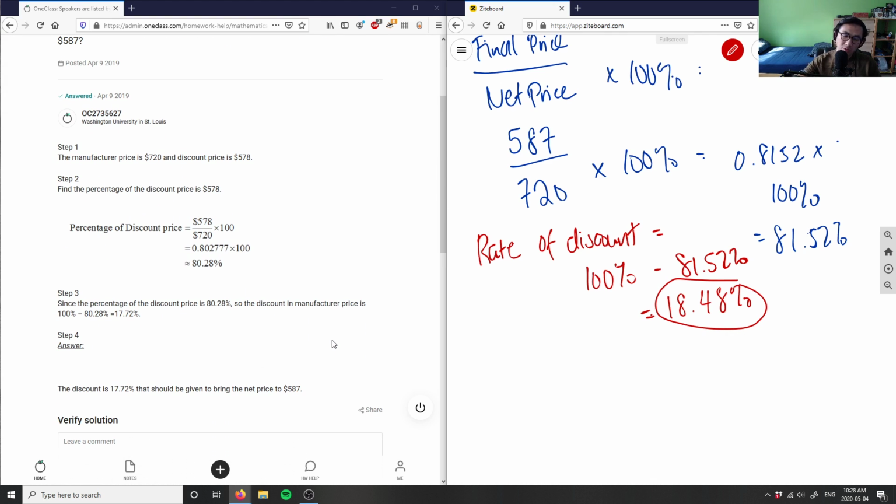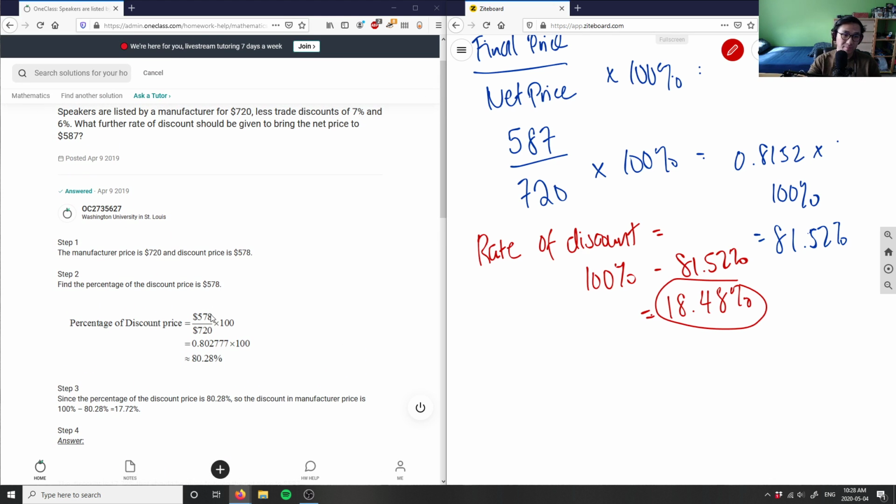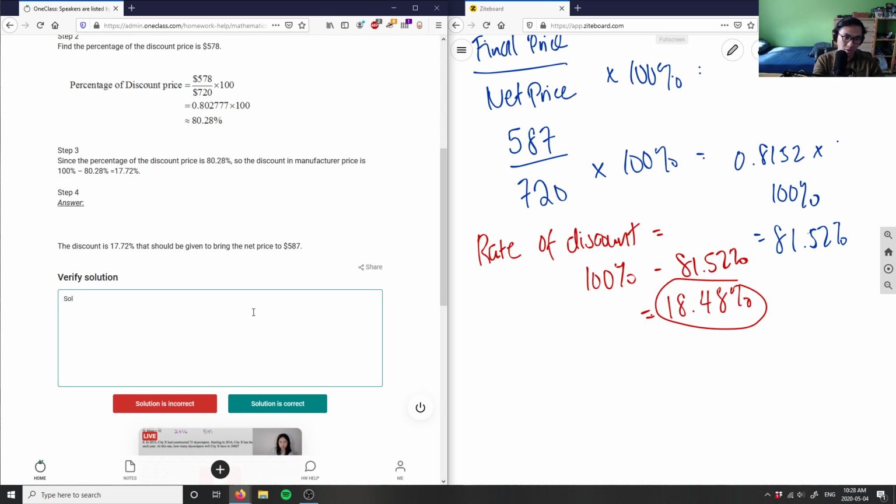As you can see here, they wrote 17.72%, and this is actually the incorrect answer, because they flipped these two numbers. The net price was 587, but they put 578 into their math, so their answer is slightly off. So I'm going to say the solution is incorrect.